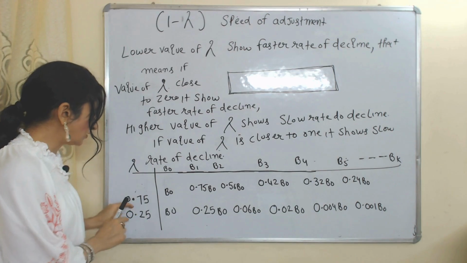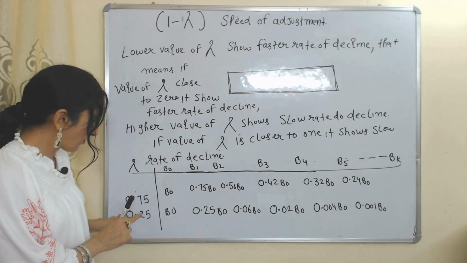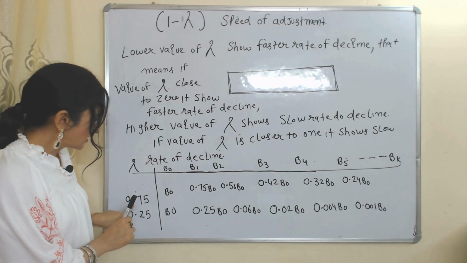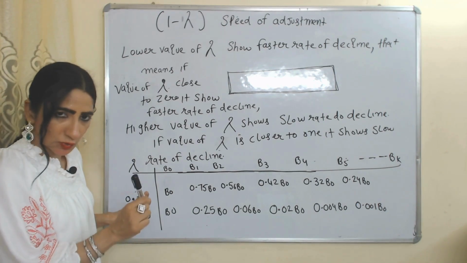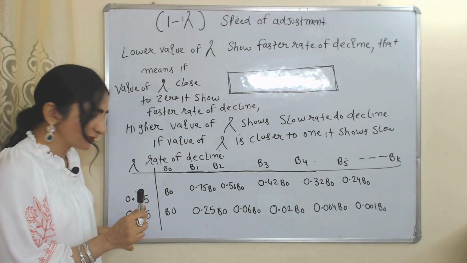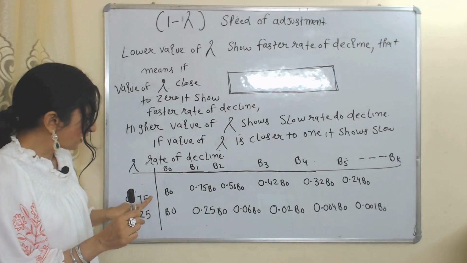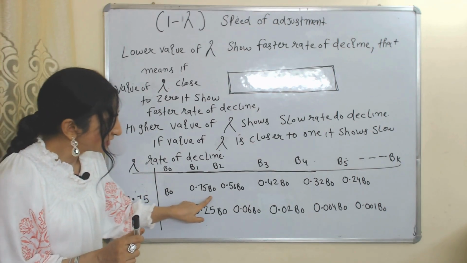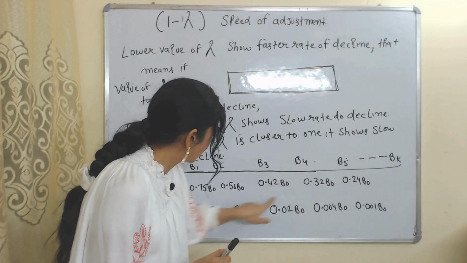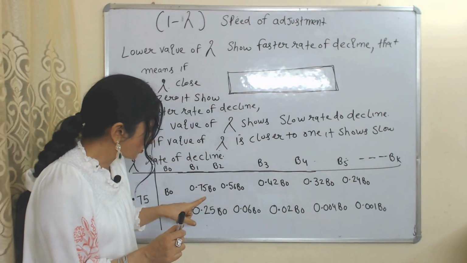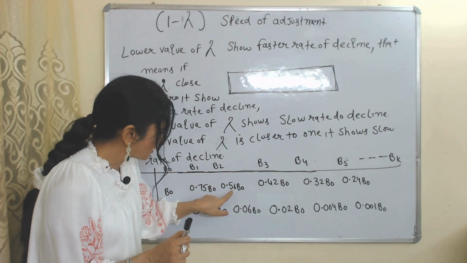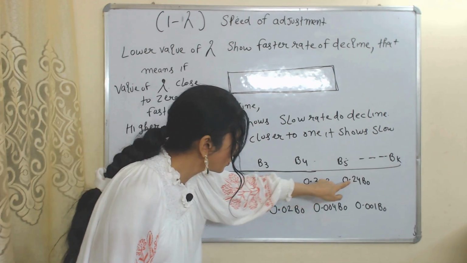Here we have two values of lambda, 0.75 and 0.25. 0.75 is close to 1, 0.25 is close to 0. Here you can see when the value is close to 1, it shows a slow rate of decline. The rate of decline is very slow: 7, 7, 5, 5, 6, 4, 2, 3, 2, 2, 4.